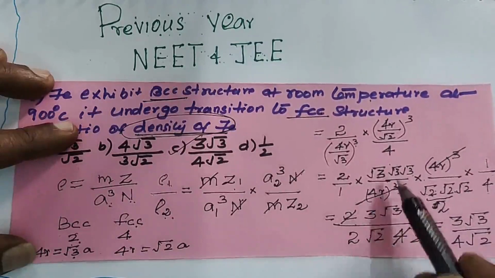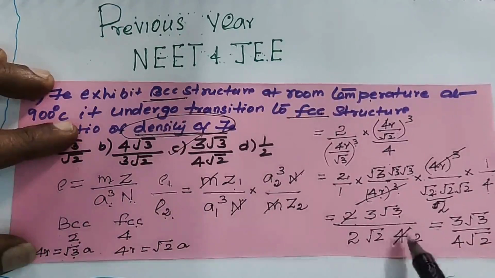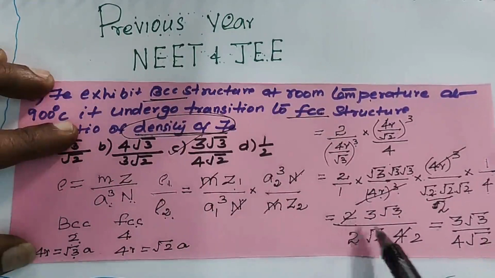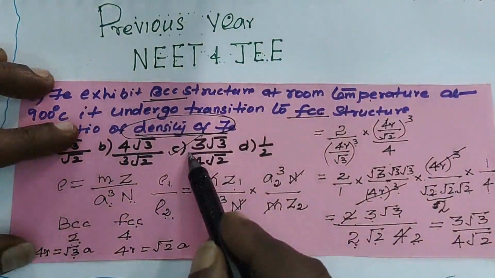So 2 into root 3 into root 3, 3 root 3, divided by root 2 into root 2, 2 root 2 into 4. The 2 and 4 cancel, so 3 root 3 by 4 root 2. That is the correct option, that is C.